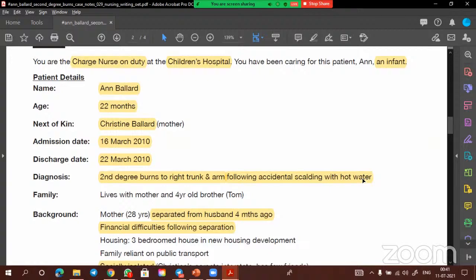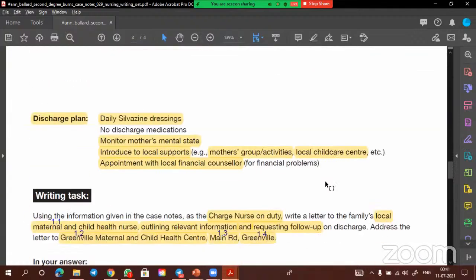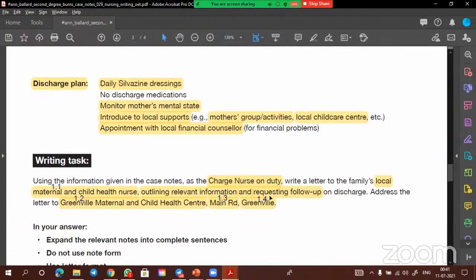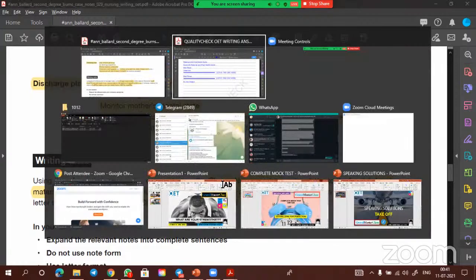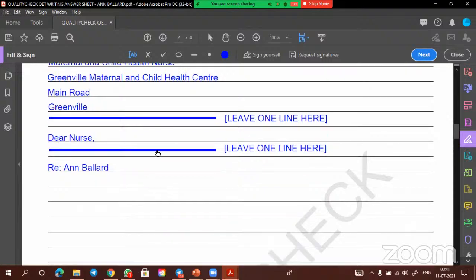This is your main part. And then second sentence will be, she requires follow up on discharge or following her discharge. This is what you are going to write. Now here again, you leave one line.